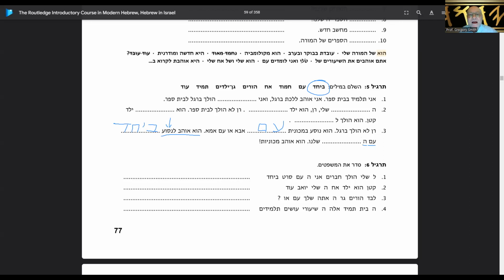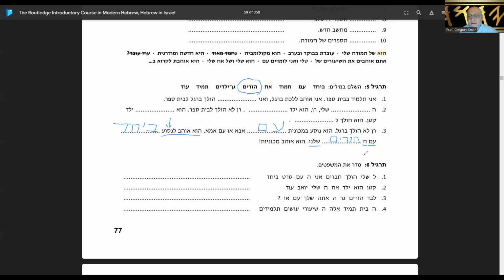I bet you it's going to be hahorim, with his parents, right here. So hahorim goes in there. Okay, so im hahorim shalanu, with our parents. That's what that means. It's like belonging to us, with our parents.